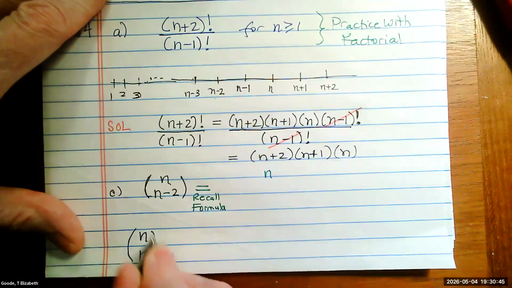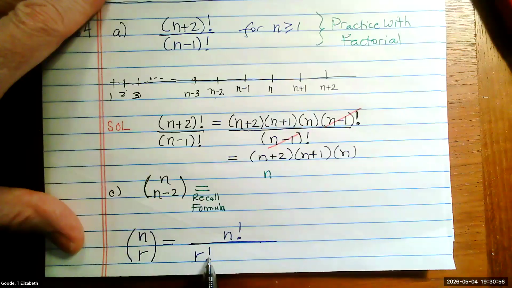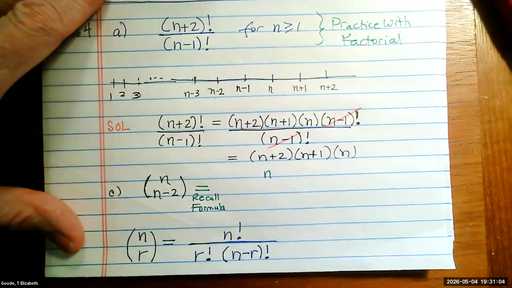N choose R equals N factorial over R factorial times N minus R factorial. That's right. That's the formula.